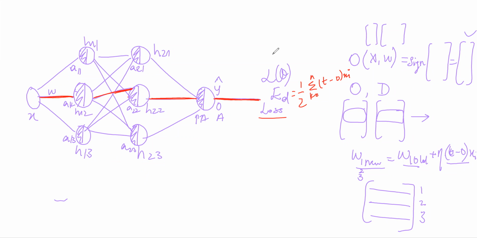Let me write that as a statement: the derivative of L of theta with respect to the weights, because I'm updating my loss function with respect to the weights, is equal to, first, the derivative of L of theta with respect to y cap, because from here to here is what I am concerned about, into the derivative of y cap.